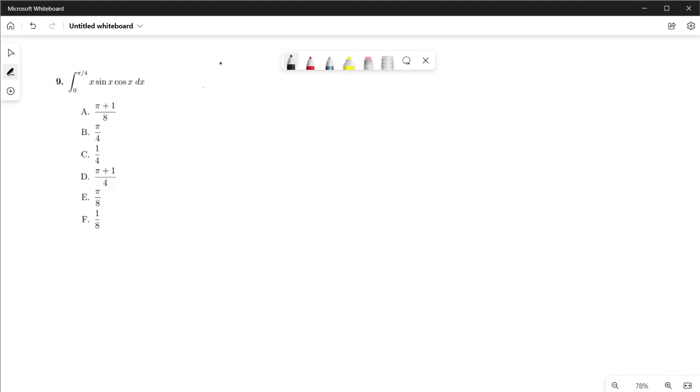For number 9, we have an integral of actually three parts: x, sine x, and cosine x. I've come up with somewhat of a creative solution. I'm going to use integration by parts for this. For u, I have x, so then du would be just 1 dx. And for dv, I have sine x cosine x dx.